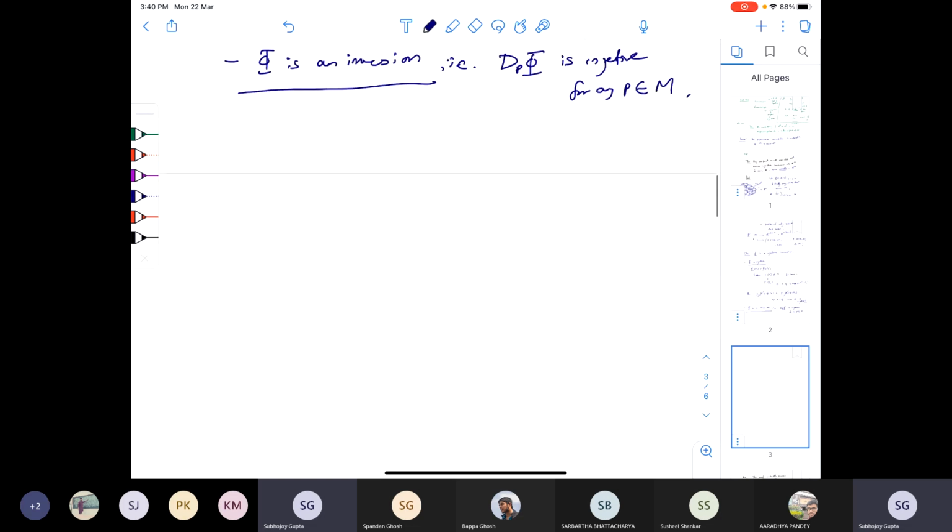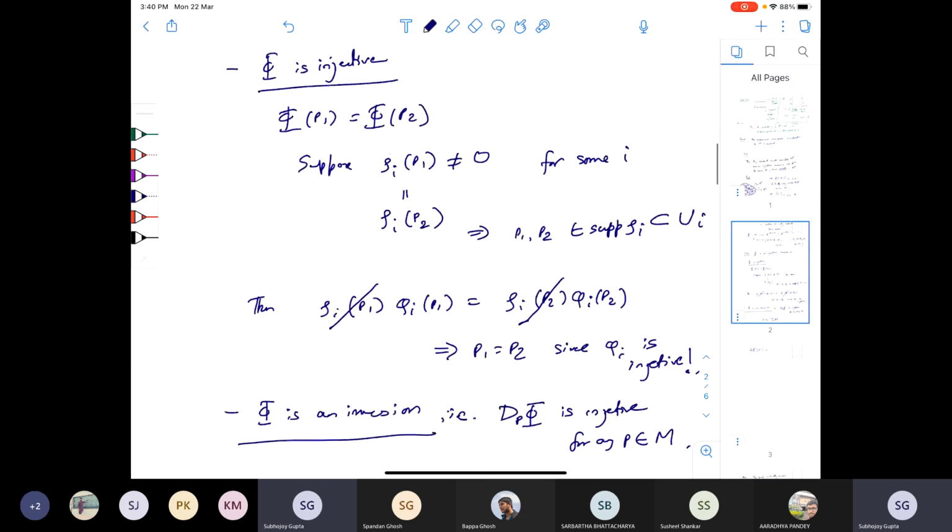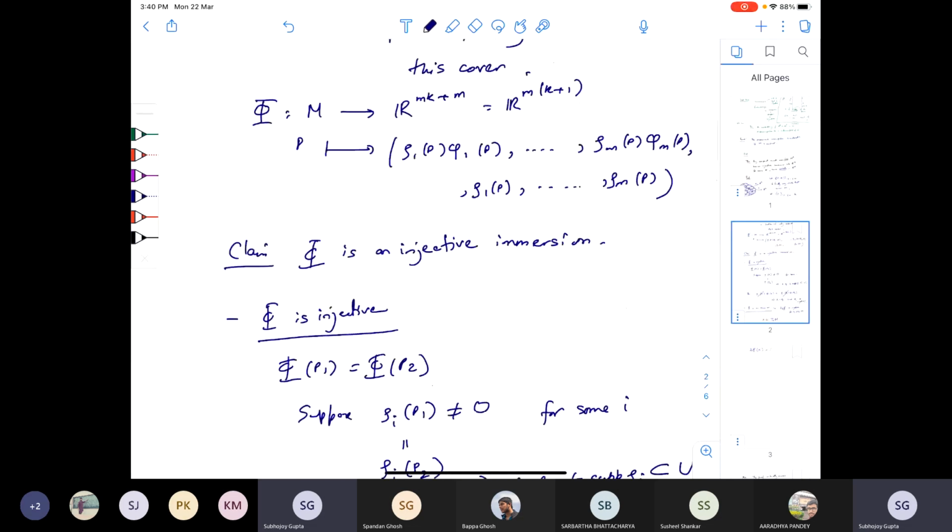Right. So what does dp of phi applied to some x, let's say x is some tangent vector at the point p on M, look like? Well, we know the map phi. It's this sort of vector, right, where every coordinate is one of these maps.